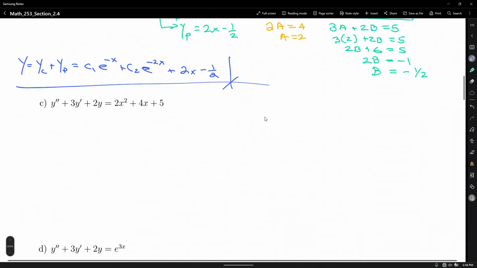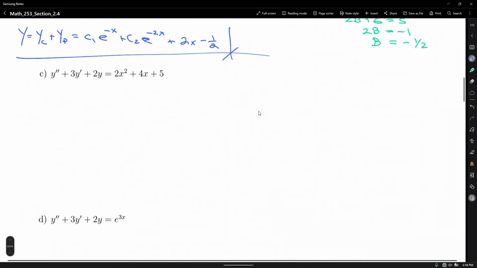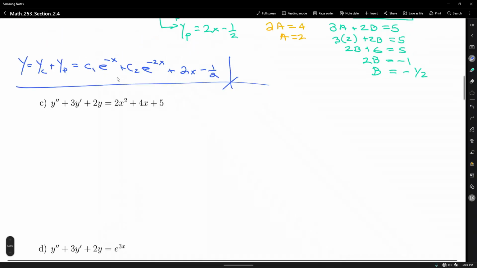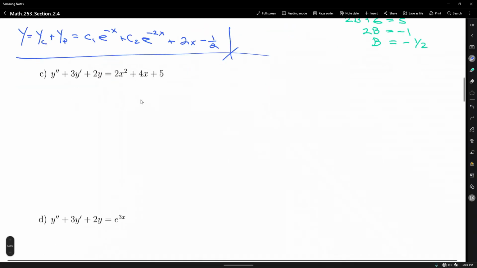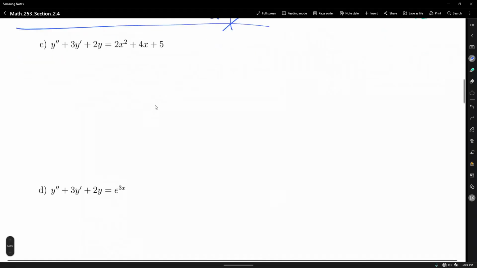Now let's do the same homogeneous differential equation. However, the input function, that is the right-hand side of the differential equation, will be a second-degree polynomial. So buckle up for this one, because it's going to be quite a ride.